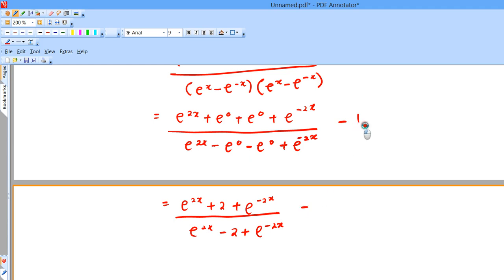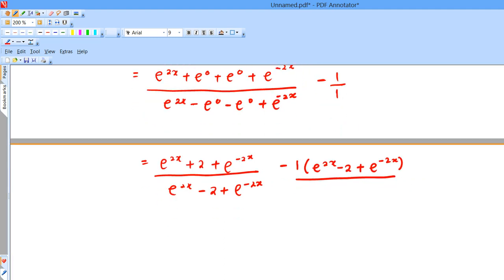Since we have 1 over 1, we multiply with e power of 2x minus 2 plus e power of negative 2x divided by e power of 2x minus 2 plus e power of negative 2x, and then you can simplify.